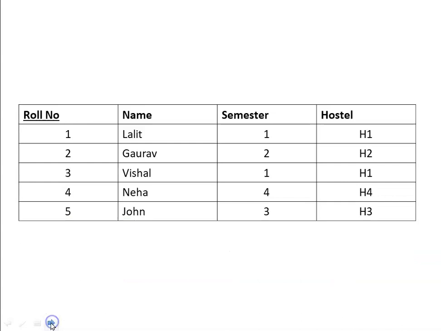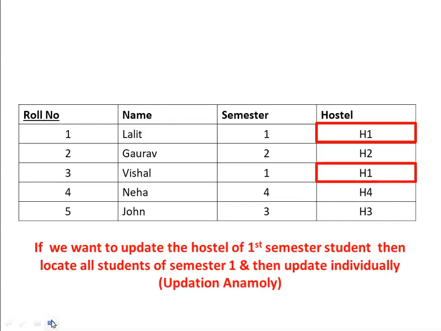And obviously, if it is suffering from insertion anomaly, it will be suffering from modification or updation anomaly. Similarly, when you want to update the name of the hostel, you have to update all the tuples wherever that particular hostel name appears. So in this case also, it is suffering from insertion, updation and deletion anomaly.